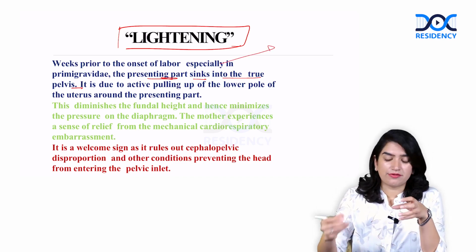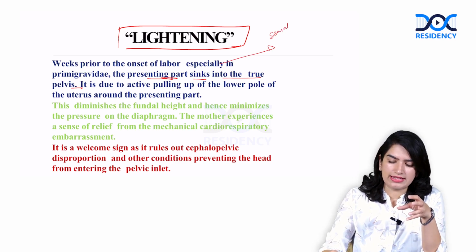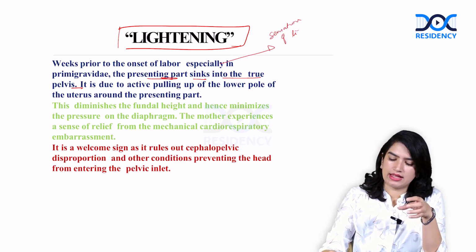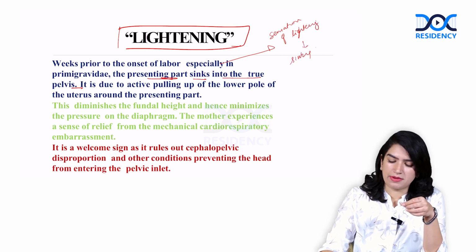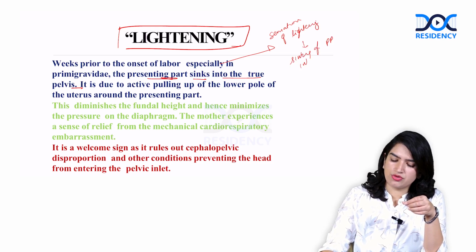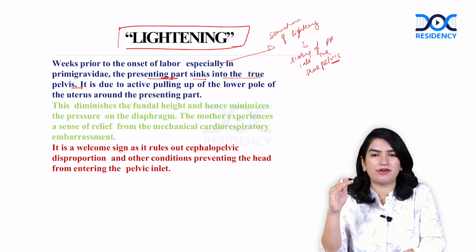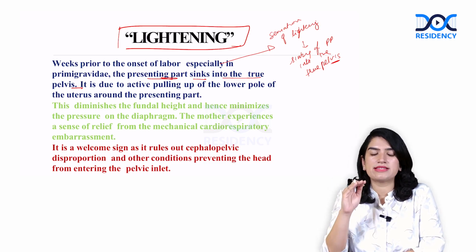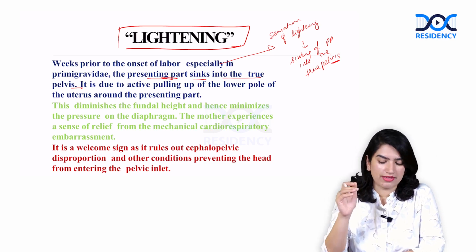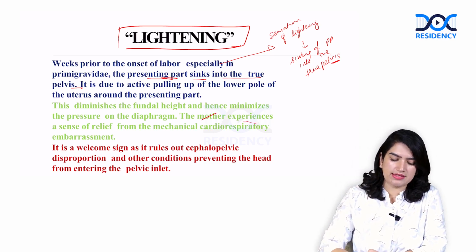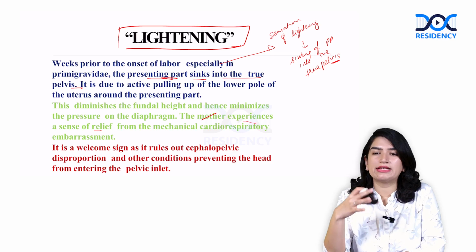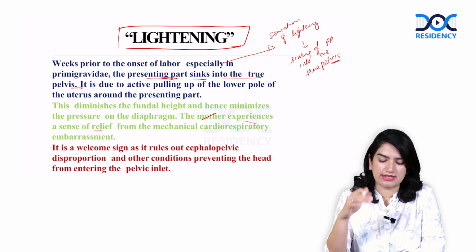So, the woman feels a sensation of lightening, and the reason is sinking of the presenting part into the true pelvis. This diminishes the fundal height and it minimizes the pressure on the diaphragm. So the mother experiences a sense of relief from the mechanical cardiorespiratory embarrassment.